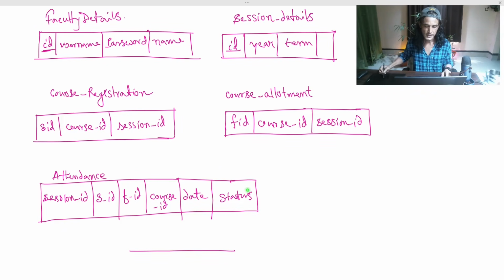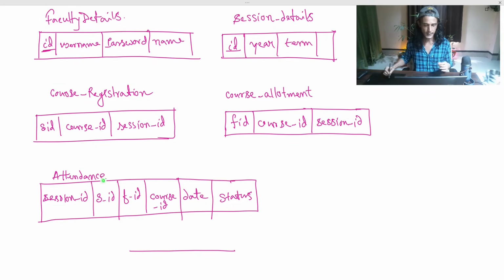Now see this status, you can omit this because on a particular date, if there is an entry, we can consider that it means the student is present. If there is no entry corresponding to a particular student, it means he or she is absent. We can handle the situation that way, or explicitly we can keep a status column that will say either present or absent, and just by looking at the status, we know whether the student was present or absent.